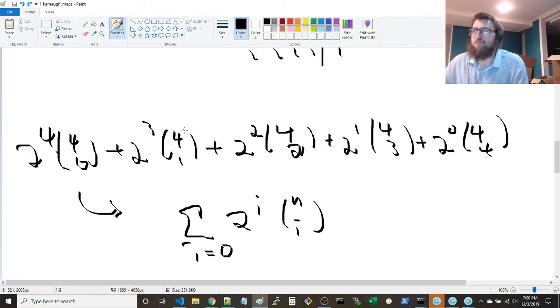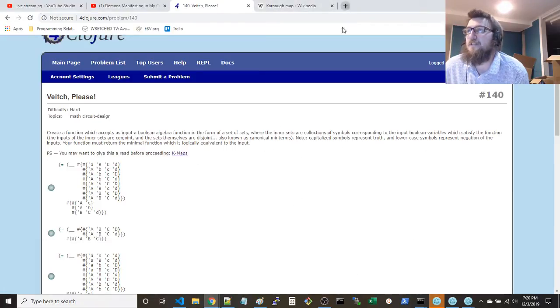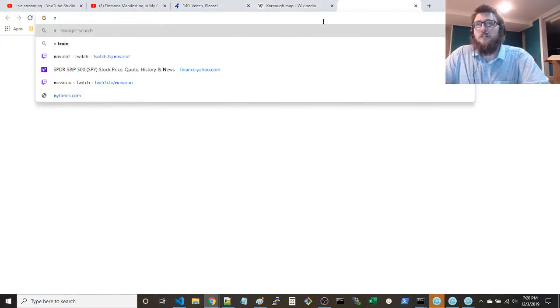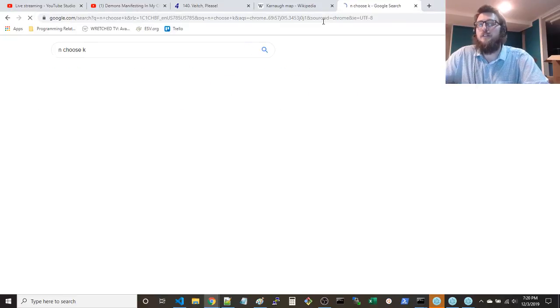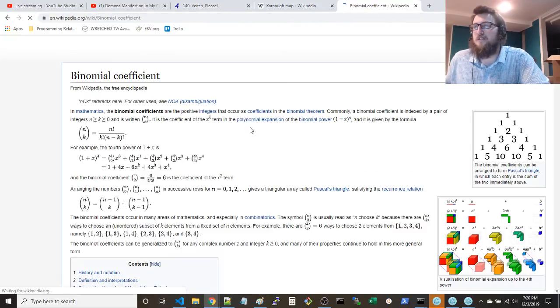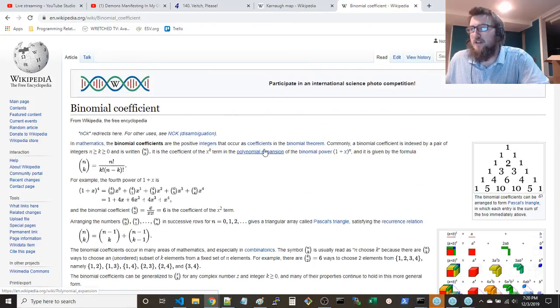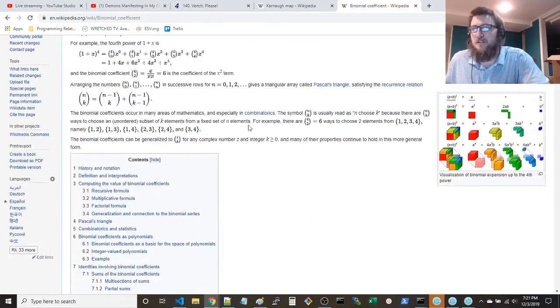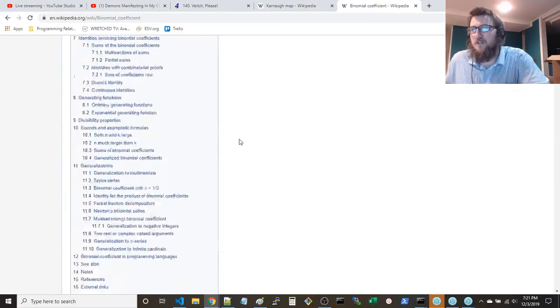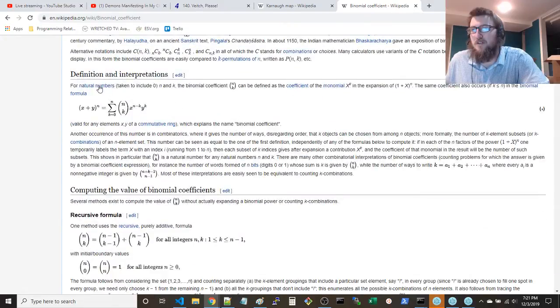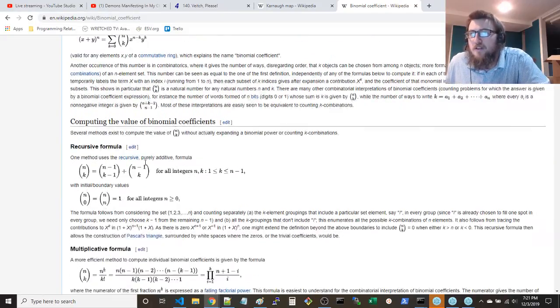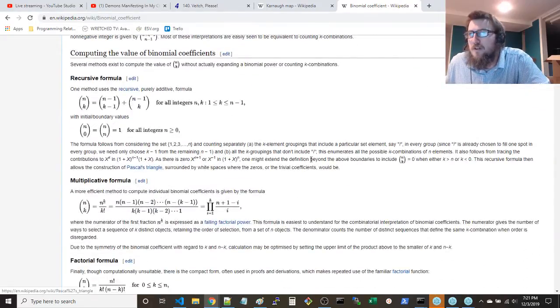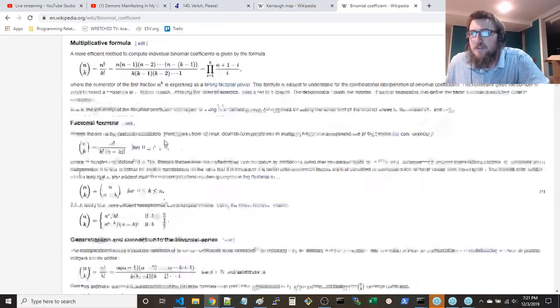Okay. What is this called? n choose k. It's called the binomial coefficient, and it's also Pascal's triangle, we already got that.